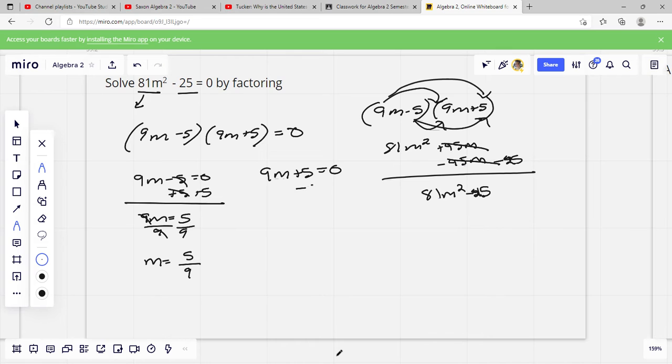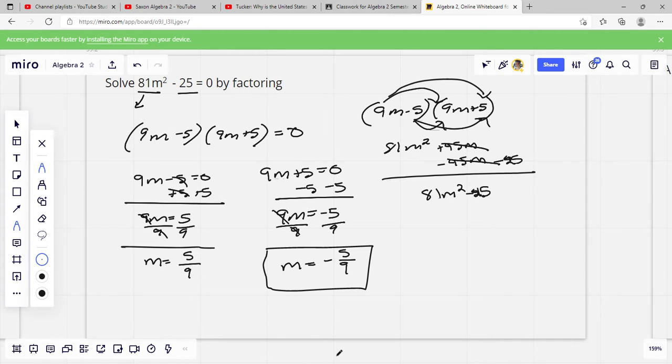We're going to do minus 5. 9m equals negative 5. Divide by 9, divide by 9. So it's always going to come out where one's positive and one's negative. All right, so that would be your answer. Both of those, you have to have a positive one and a negative one.